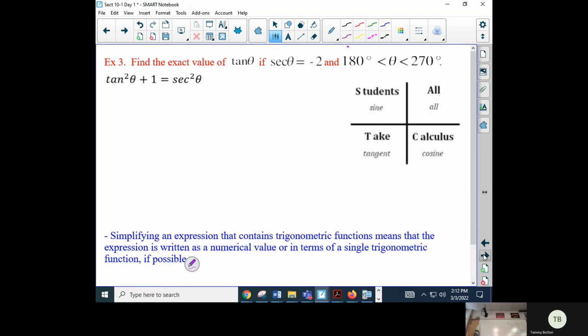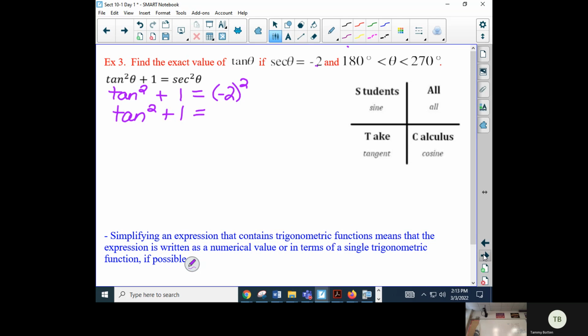Then what I would do, tangent is what I'm trying to find. I don't know that, okay? Plus 1, and they tell me my secant is negative 2.